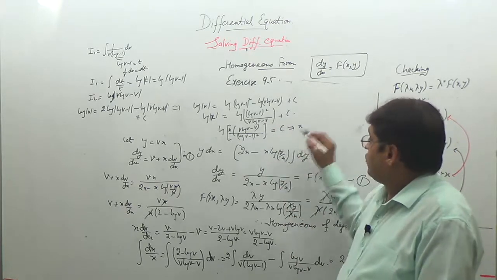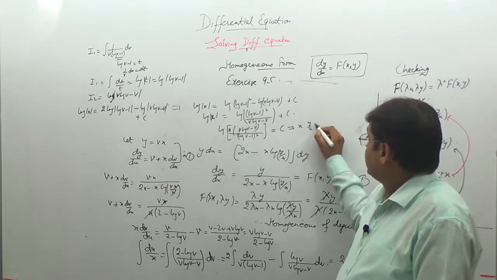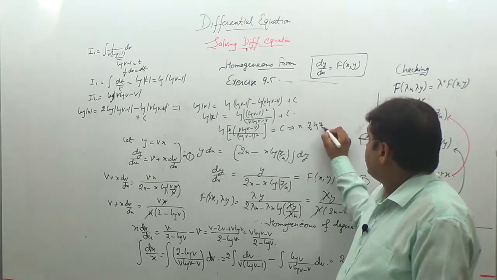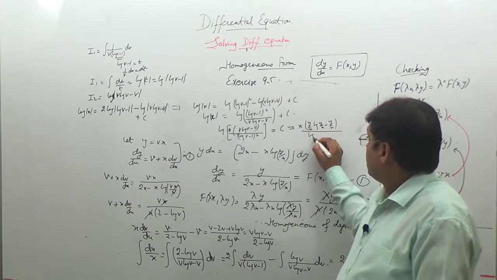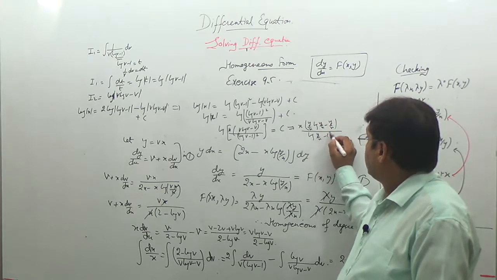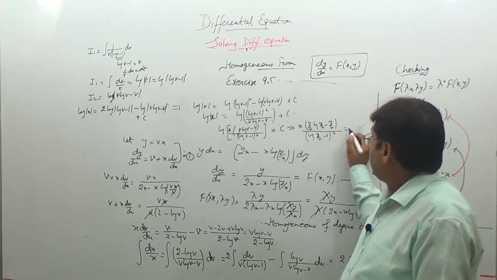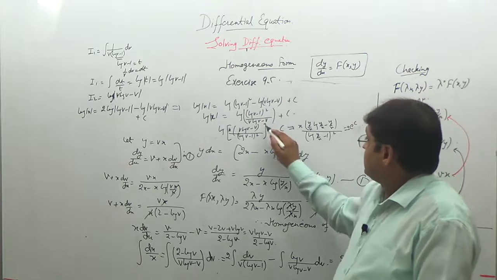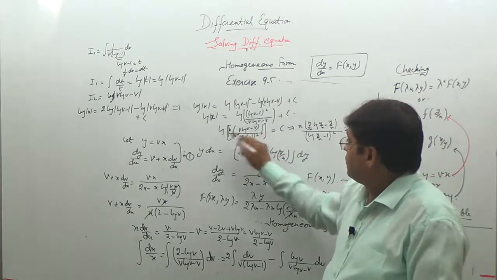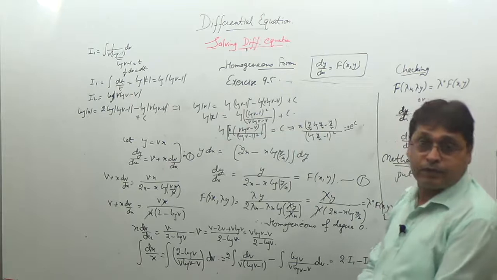Now you can put the value of v also, that is y upon x log y upon x minus y upon x upon log y upon x minus 1 whole square as e raised to power plus minus e raised to power c. This is your value with mod.